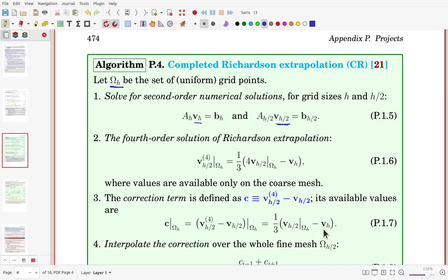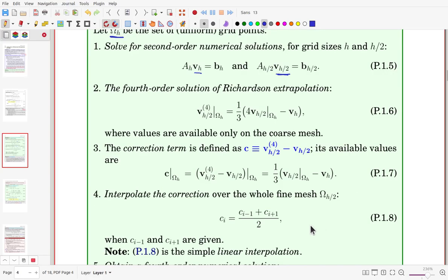Okay. Now for this correction term, we apply simple linear interpolation, assuming that now c_{i-1} and c_{i+1} are available. We can get a simple linear interpolation by averaging this quantity to get the midpoint value.